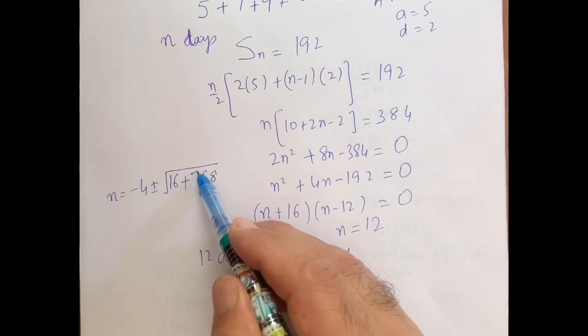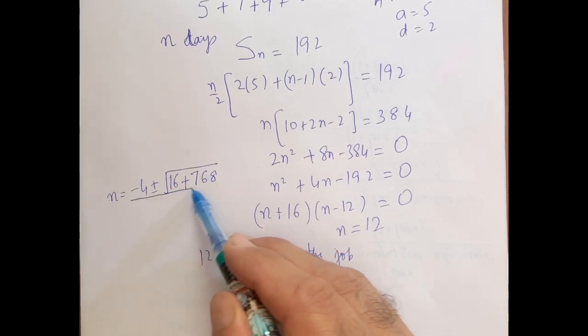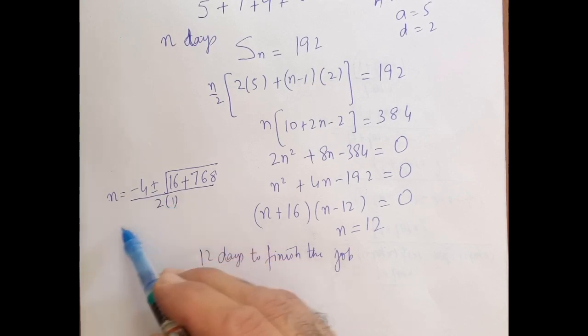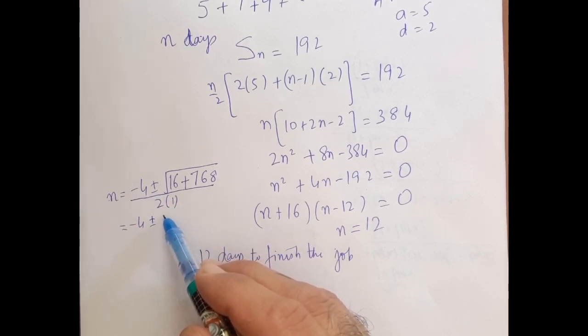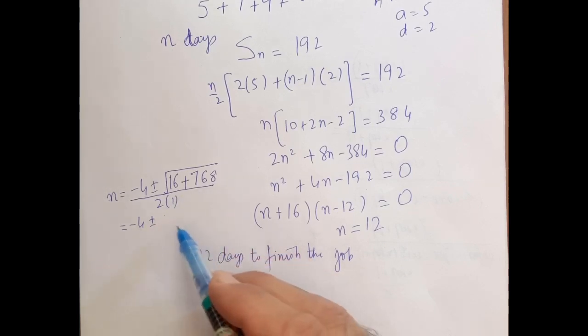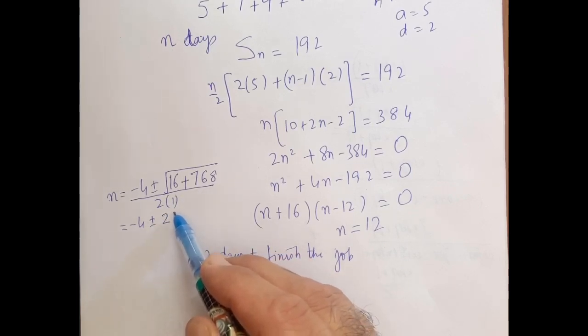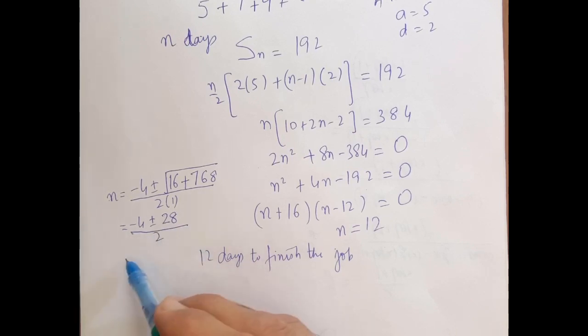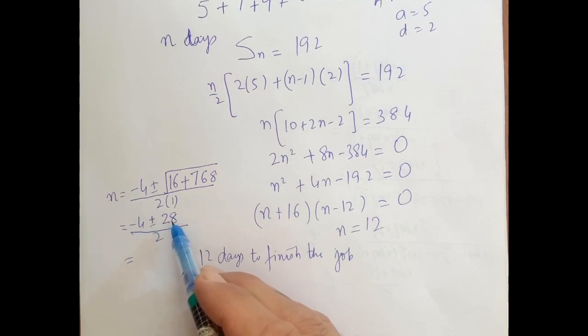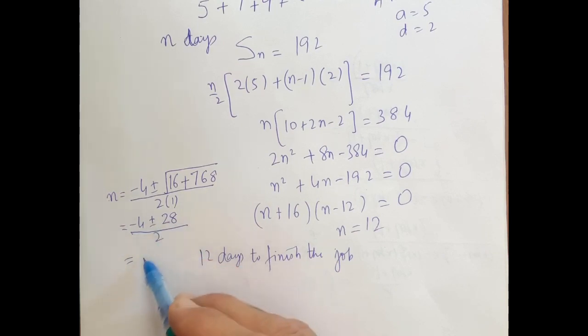This is 768, so divided by 2 into 1, minus 4 plus minus root of 784. Root of 784 is 28, so with the plus sign, minus 4 plus 28 is 24, 24 upon 2. This is 12, so 12 days.